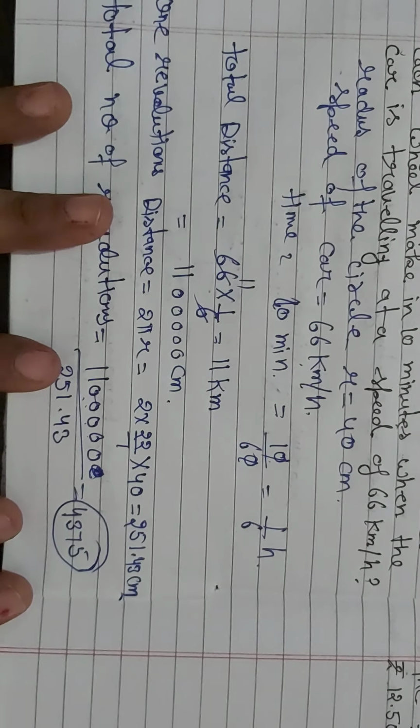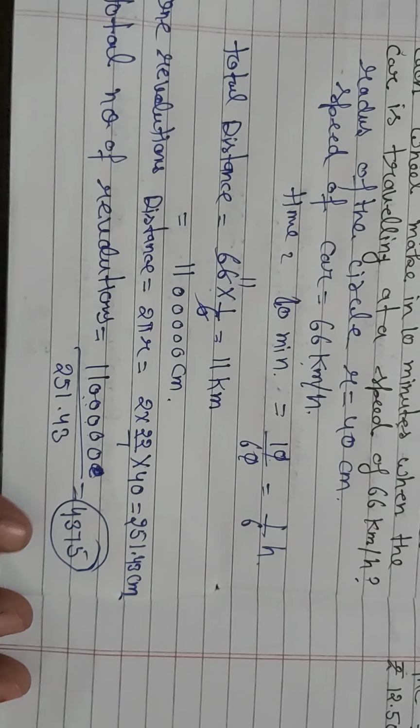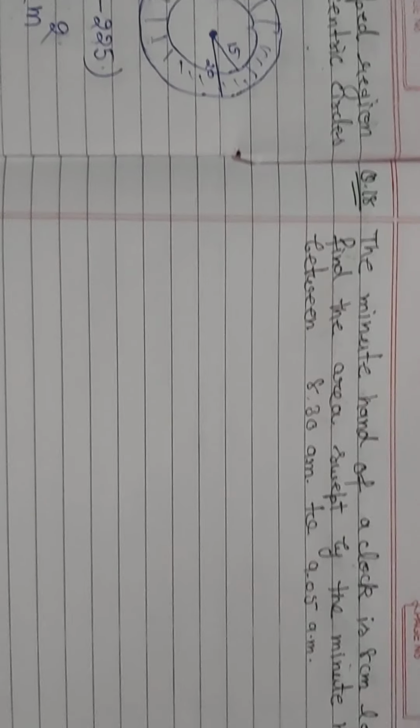Okay, a car completes 4375 revolutions in 10 minutes. Next is question number 18.